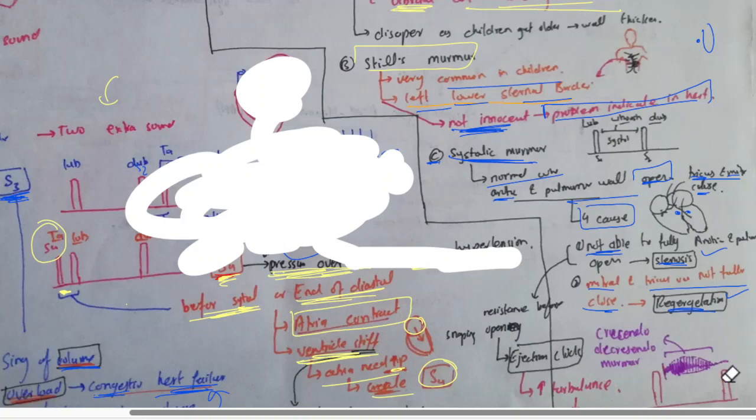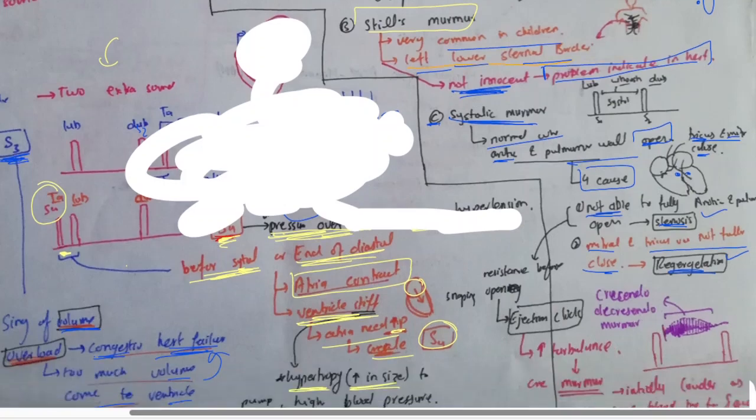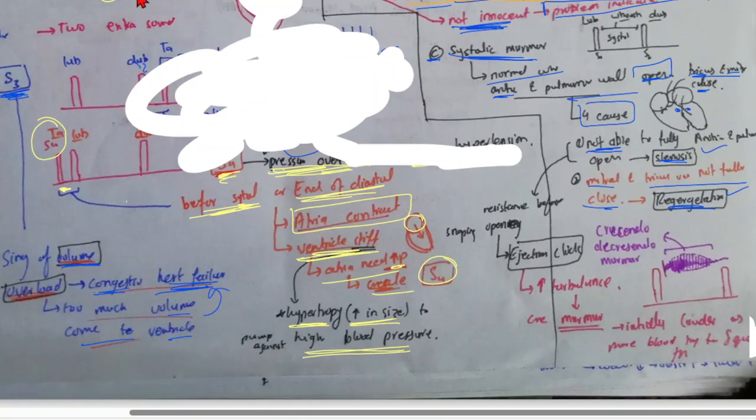Now let's come here and see the crescendo-decrescendo murmur. This is when there is resistance before snapping open, an ejection click. The ejection click is before the snapping open. When the valve opens at the mid, it creates an ejection click.